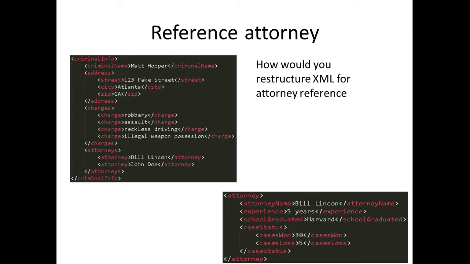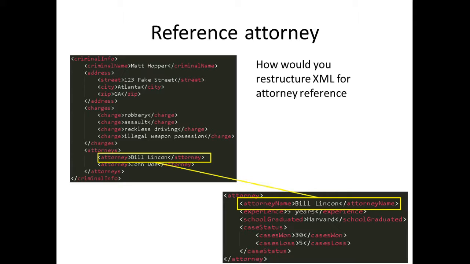You can connect or reference a particular element within XML through some type of key. I want to take the attorney Bill Lincoln here and link him to this attorney here. Now I have to figure out how to do that.